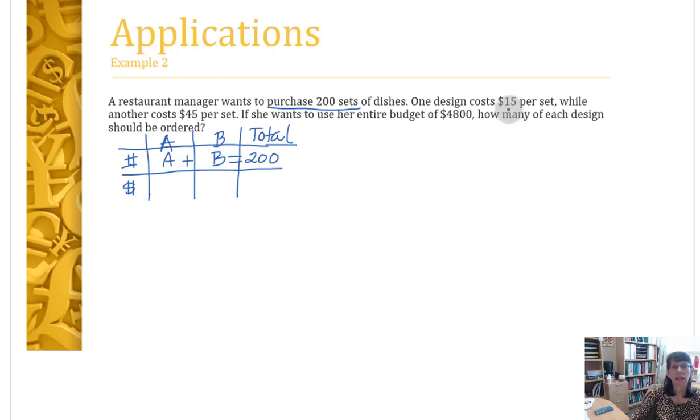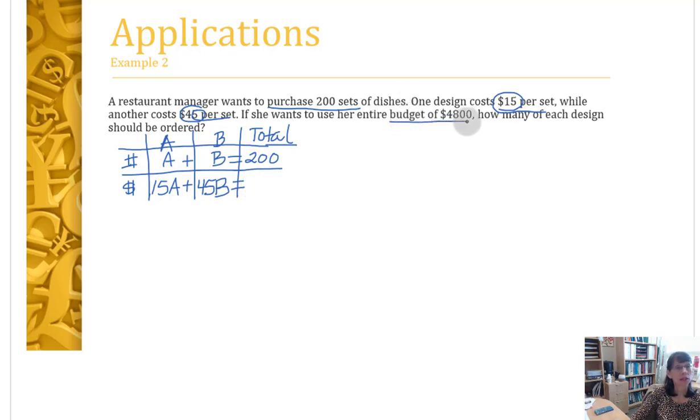Then we're going to take in the dollar value for these sets. One design costs $15 per set, the other is $45 per set. So just going in order, since $15 is mentioned first, $15 multiplied by the number of set A added to $45 multiplied by the number of set B should equal the total dollar value.